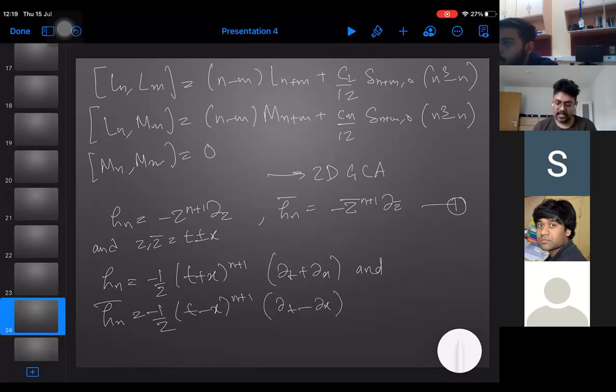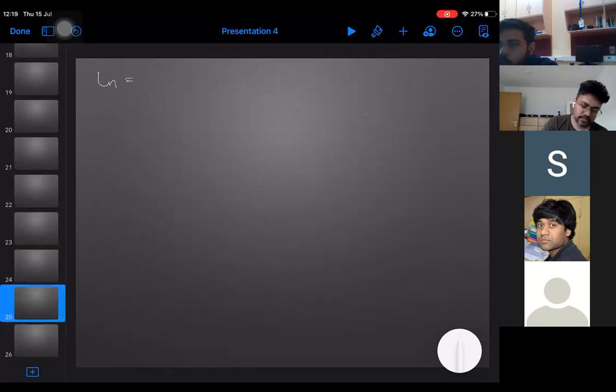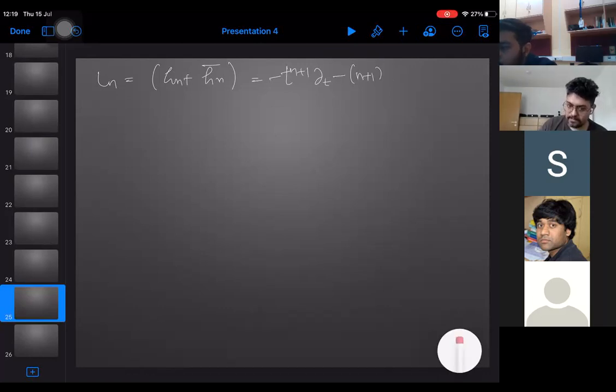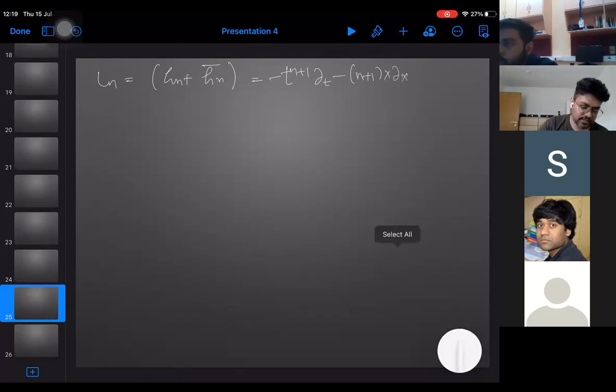If you plug in the limit x goes to epsilon x and t goes to t, with epsilon tending to 0, in the end what you get is t^(n+1) del_t plus (n+1) t^n x del_x plus O(epsilon squared).